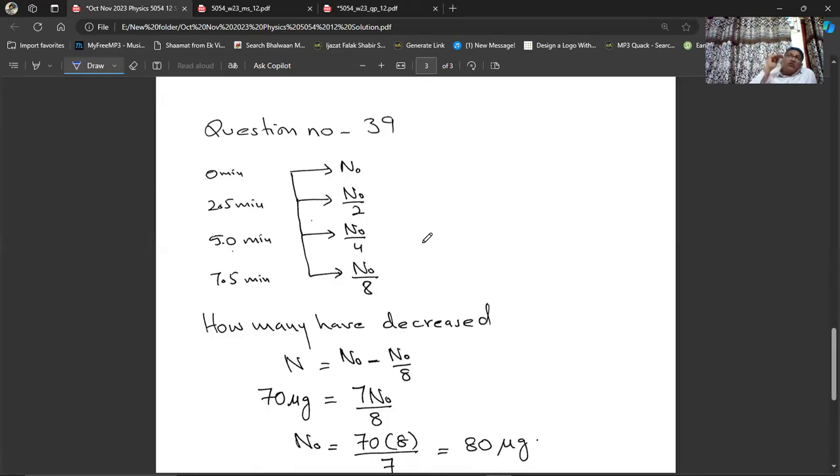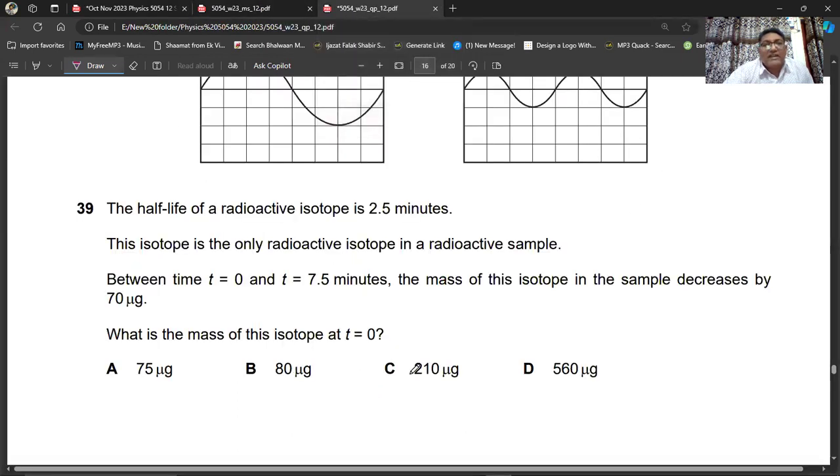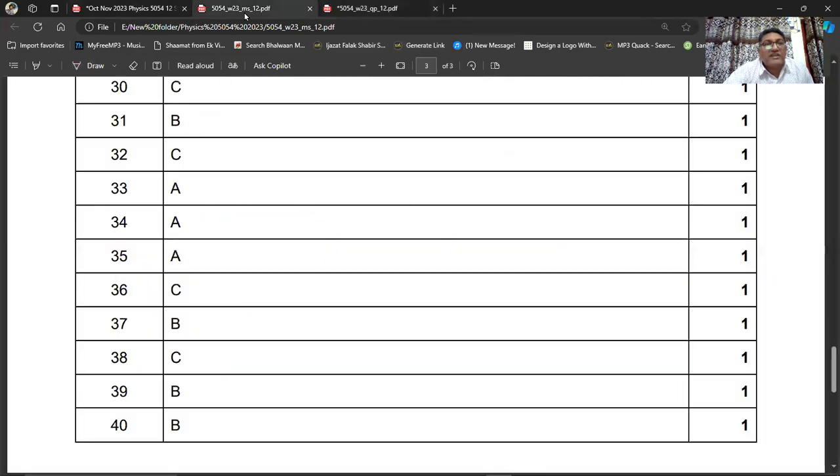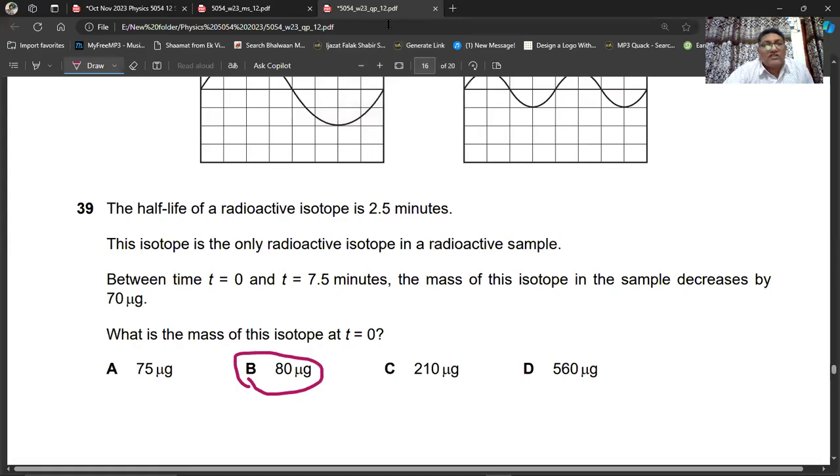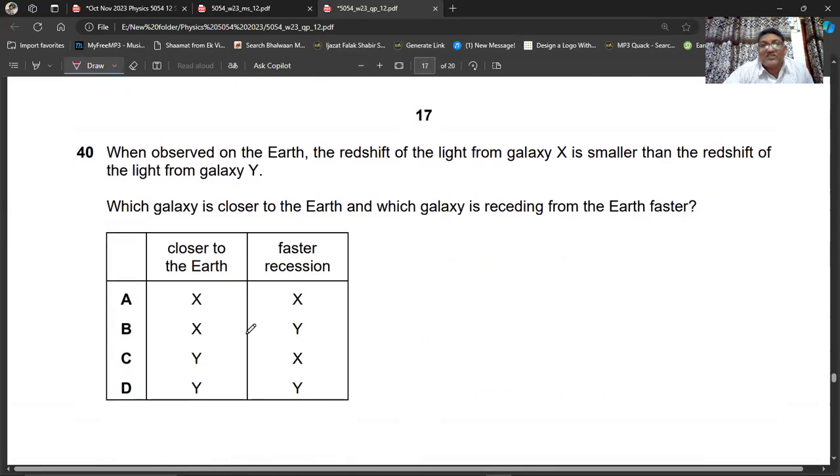So the amount decreased will be the initial count minus the present count. After 3 half-lives, the present count will be N naught divided by 8. A tricky question. So we think 80 microgram is our choice. Question number 39, B is the choice. That is right.